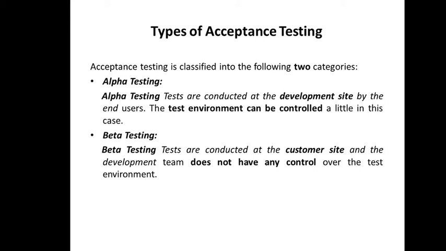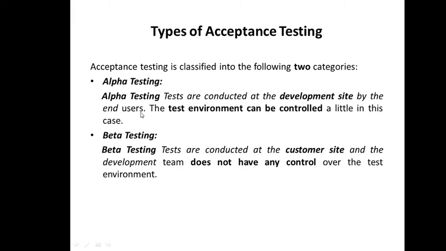Now there are two types of acceptance testing. The first is alpha testing and the second is beta testing. So alpha testing means the tests are conducted at the development site by the end users, right? So end users are going to perform this acceptance testing. This should be clear. Now, where it is carried out makes the difference between the two.